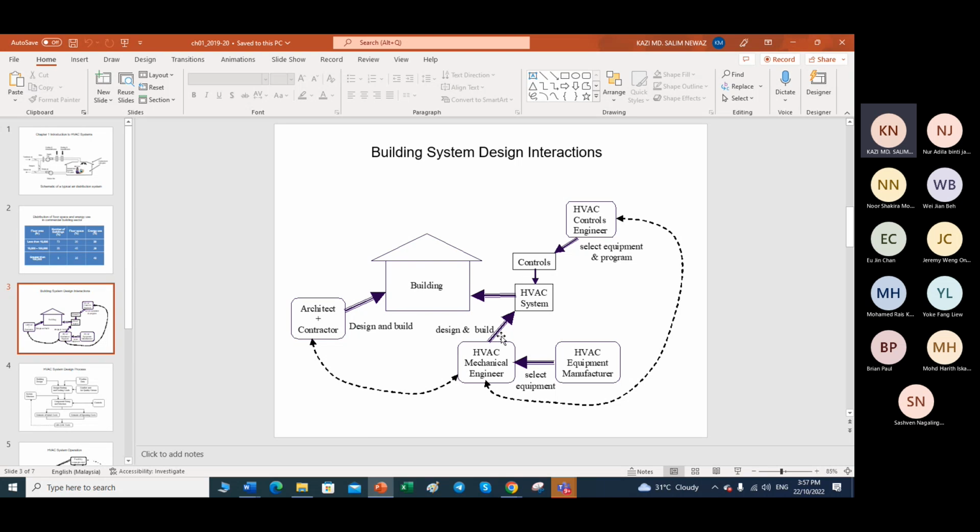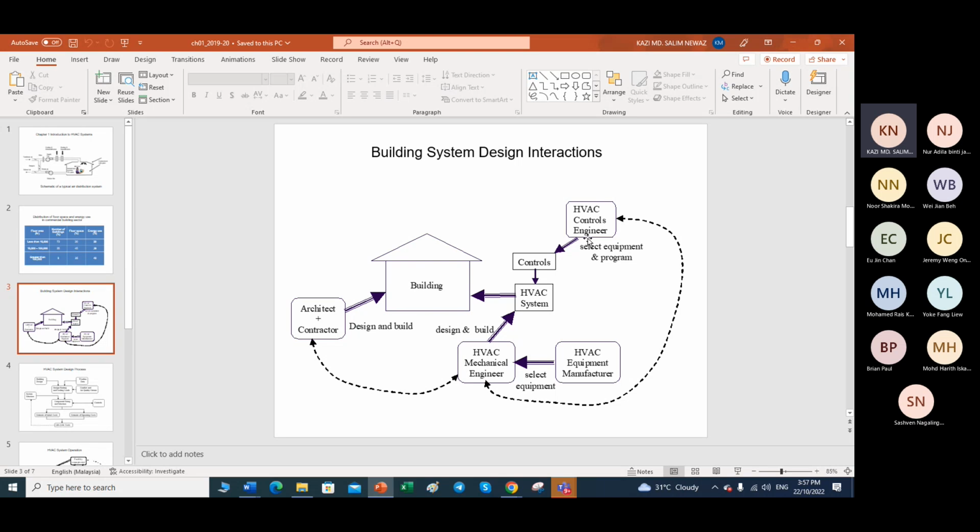How sophisticated the control system will be is linked with it. And this control system will be designed by the heating, ventilation, and air conditioning control engineer. There is a big industry of consultants and companies doing these things.